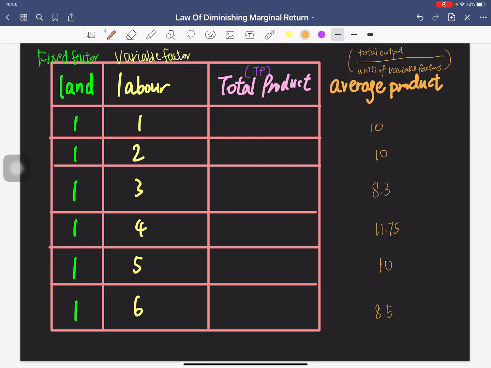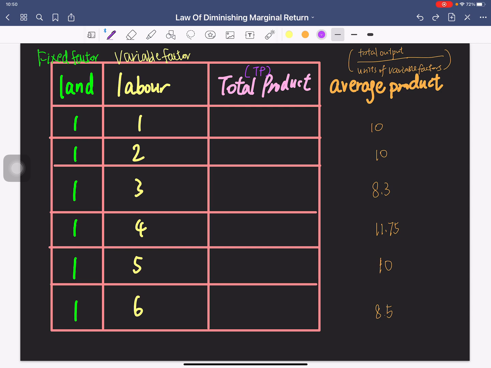So we know that our average product is equal to the total output divided by the units of variable factors.